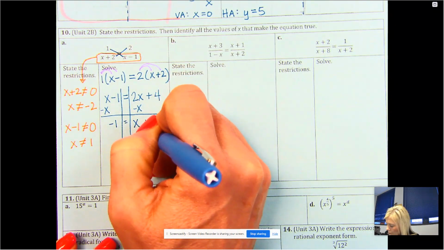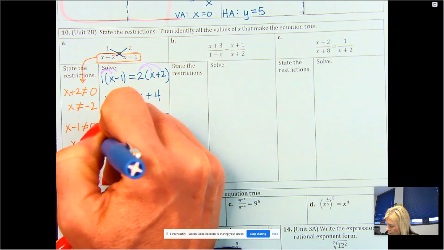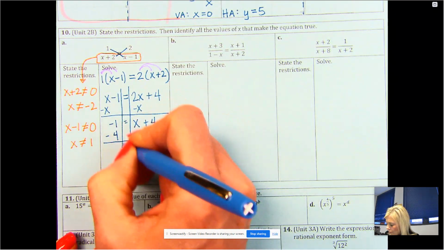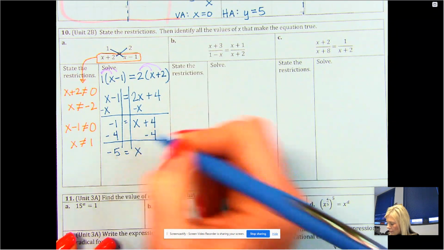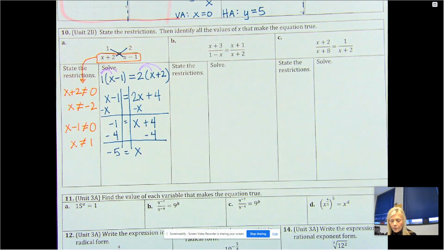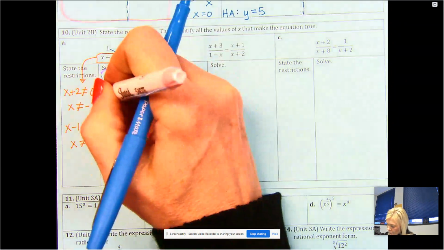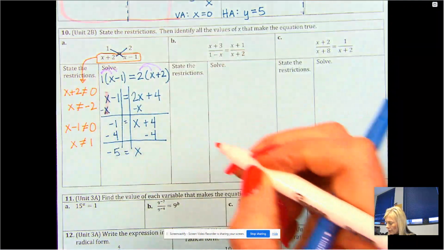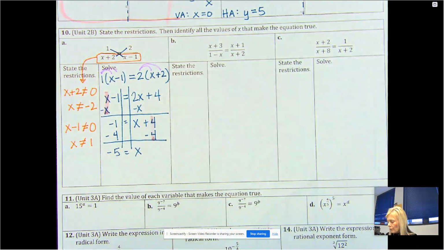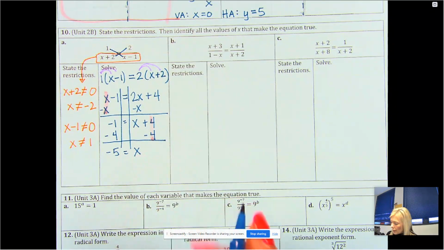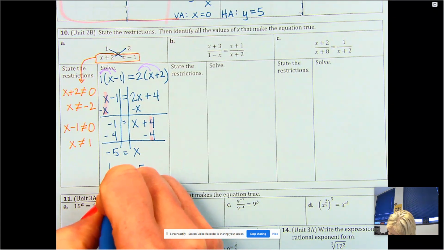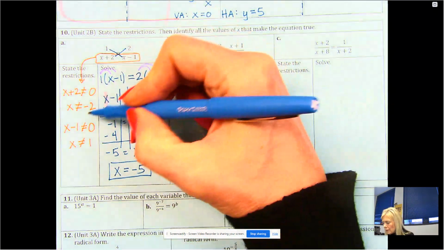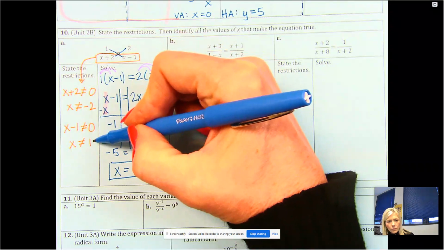And then I'm going to move the 4 over. And negative 1 minus 4 is negative 5. And x there. Okay. So my first step, I move that over. Second step, move that over. And I don't need to divide this time because that's just x. So x equals negative 5 is the final solution. And it's a-okay because it's not either of these two restrictions.